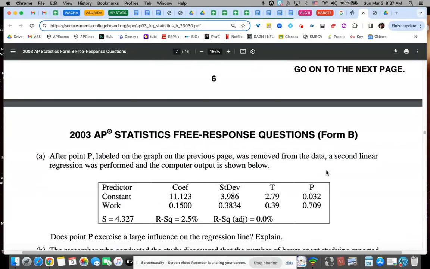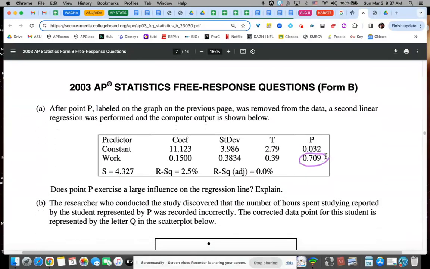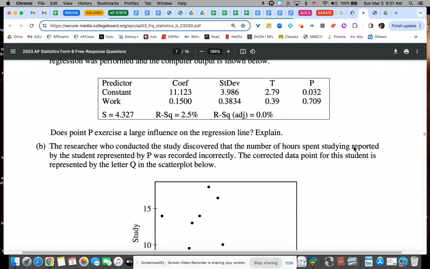When we look at the new graph, the p-value is like 70%. So that fails to reject the null hypothesis. We do not have evidence to show that there's an association between work hours and study hours. So we don't see that association with this because it fails the test.